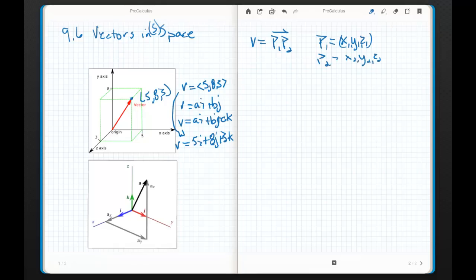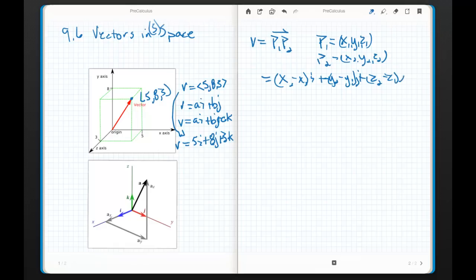Then I can rewrite this vector as x2 minus x1 i plus y2 minus y1 j plus z2 minus z1 k.